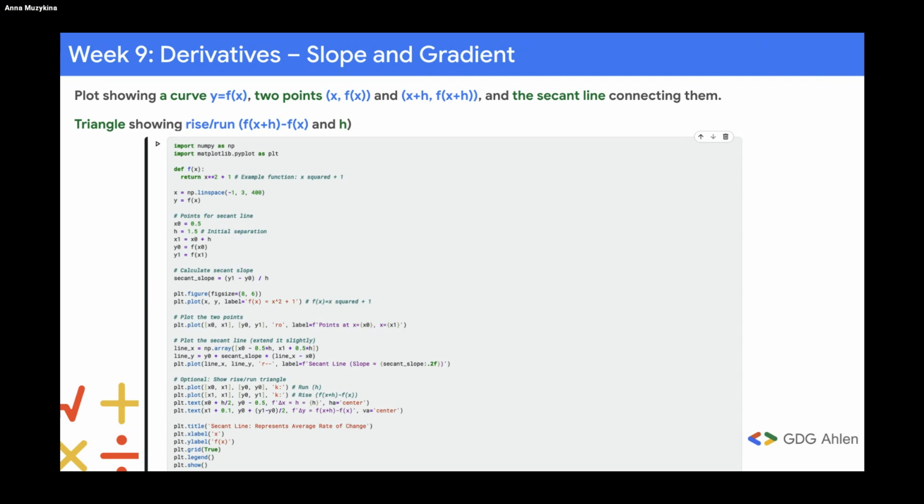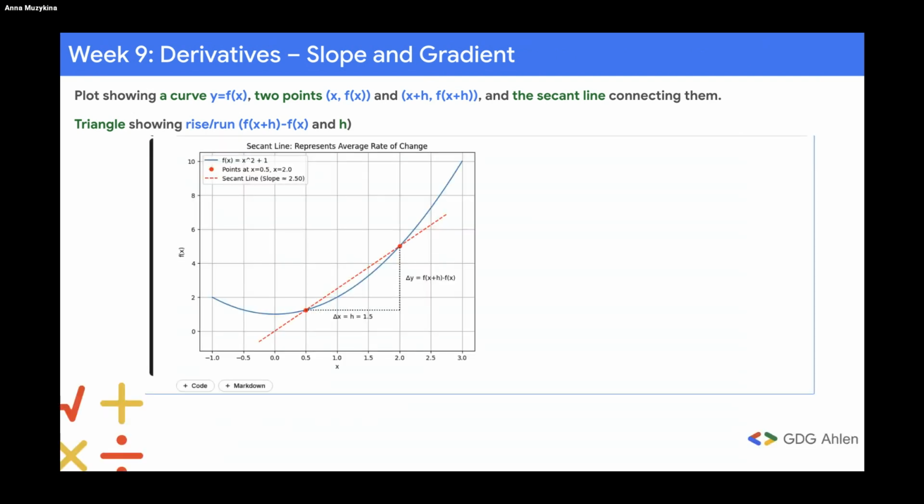Later, on the next slide, you'll see this on the plot. This second line is the straight line passing directly through these 2 points. So let's take a look.